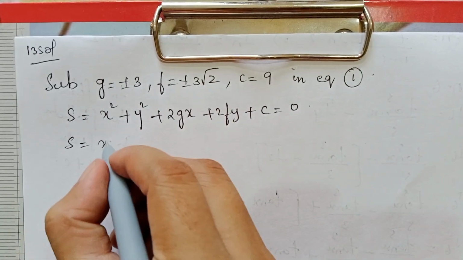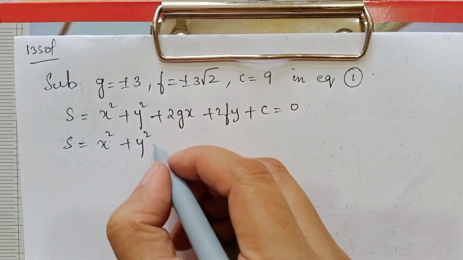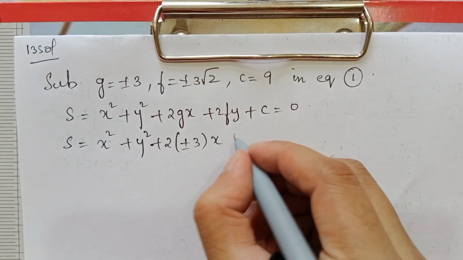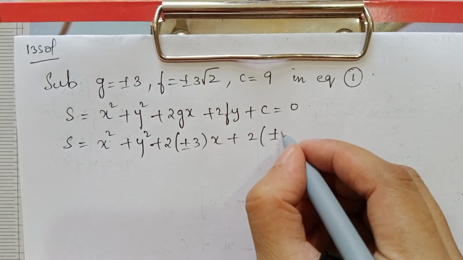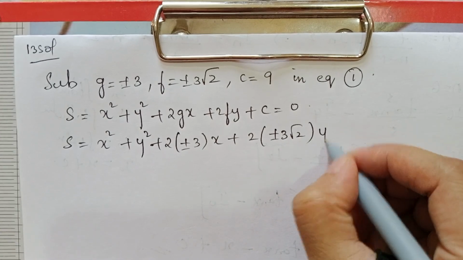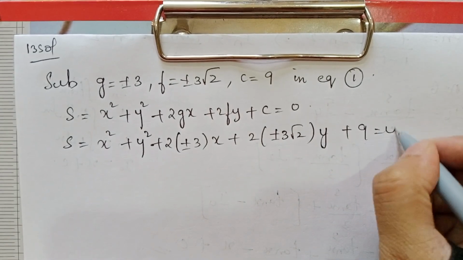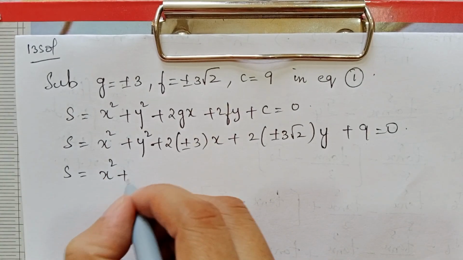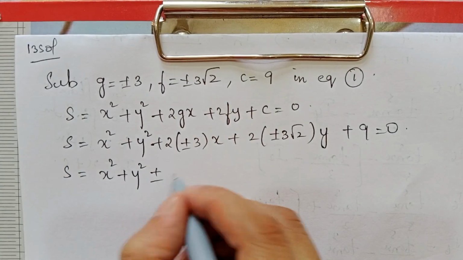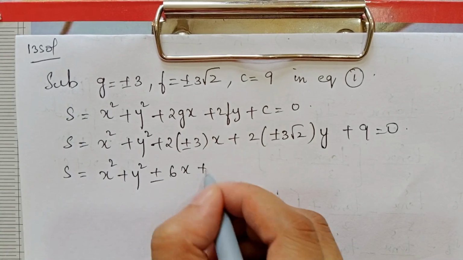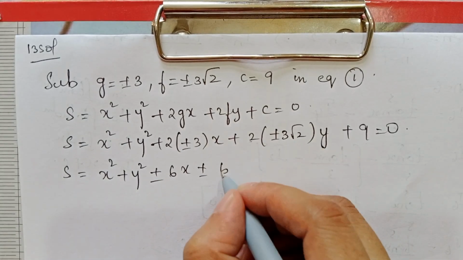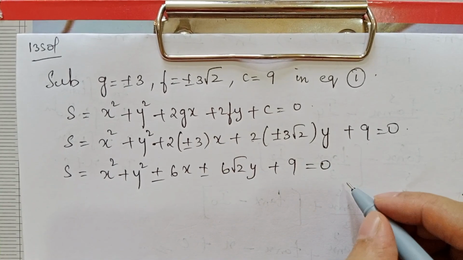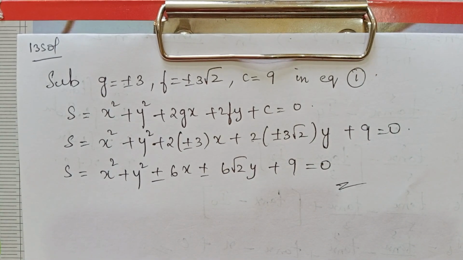So s equals x square plus y square plus 2 into the value of g, plus or minus 3x, plus 2 into plus or minus 3 root 2, the value of f, into y, plus c value 9. So s equals x square plus y square plus or minus 2 into 3 is 6x plus or minus 2 into 3 is 6 root 2y plus 9 equals 0, is the required answer.